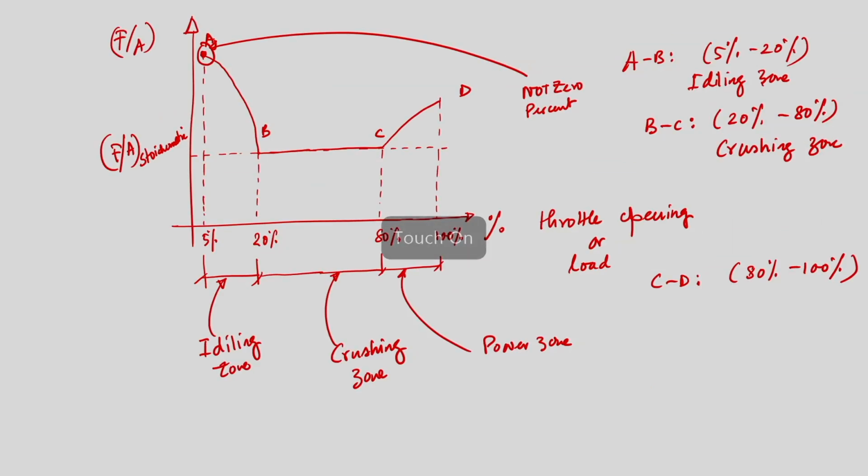That is why we have seen from the previous figure that the fuel-air ratio supplied even during the idling zone will be higher, and this is the case. So, that is what we have discussed.